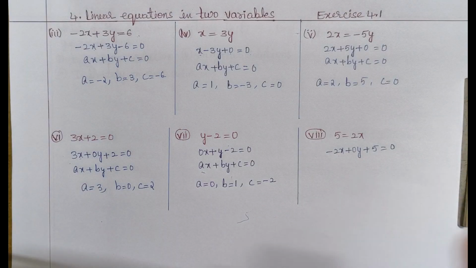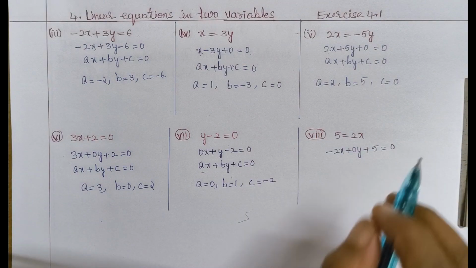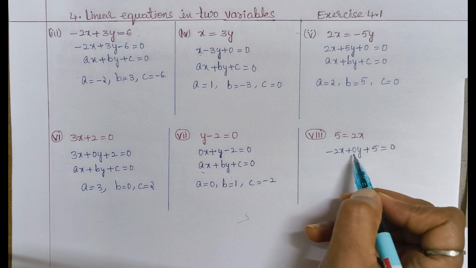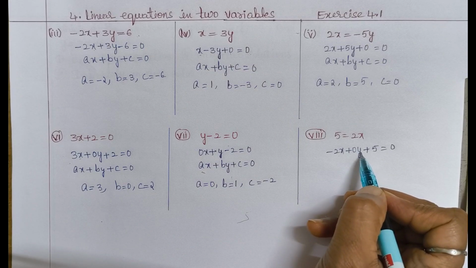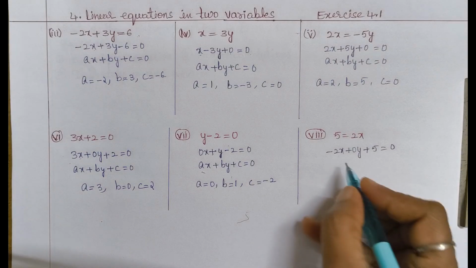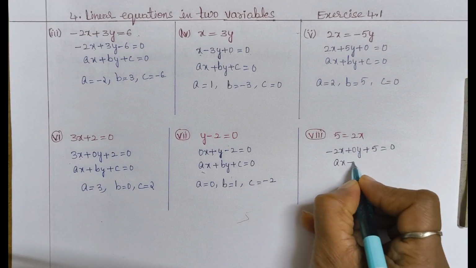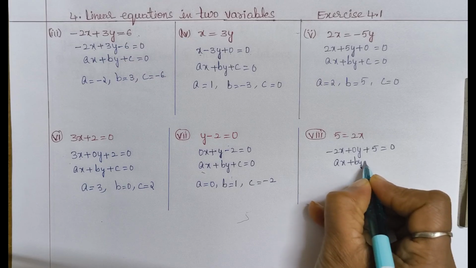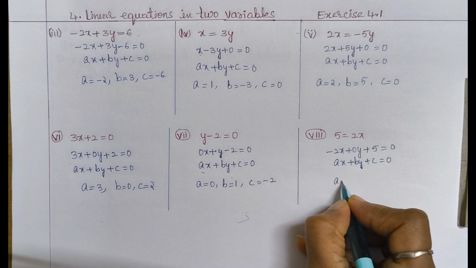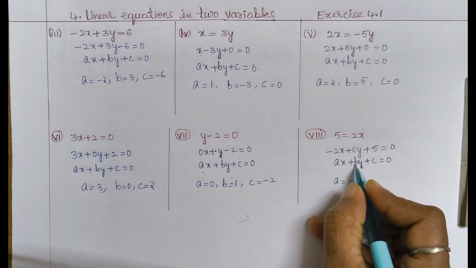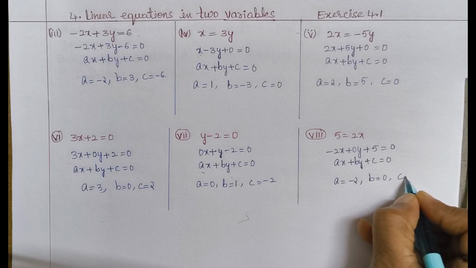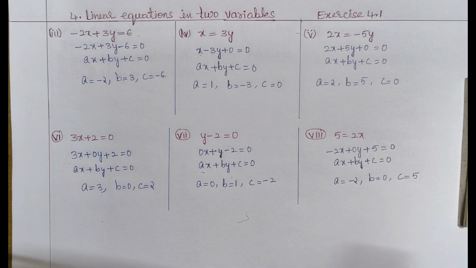So it is 5 only. So this one we are taking to this side as minus 2x, by not there. So you will take 0y plus 5 is equal to 0. So now in the equation ax plus by plus c is equal to 0, what is the a value? a is equal to minus 2. The b value is 0. b is equal to 0. What is the c value? The c value is equal to 5.